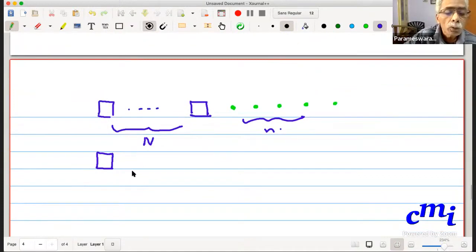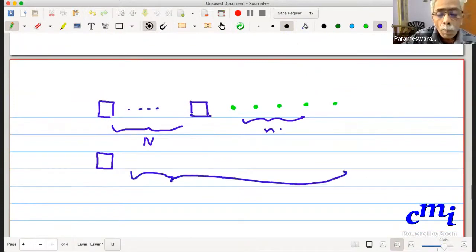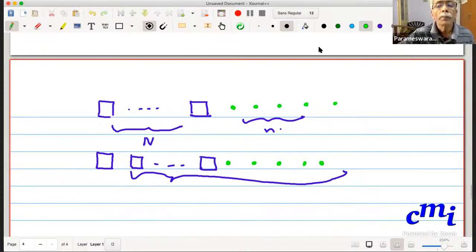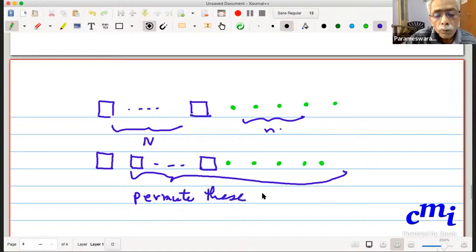I'm going to draw the same thing, and permute these objects, box objects. No distinction is being made between boxes and particles.